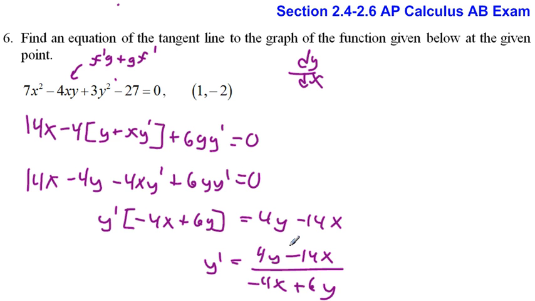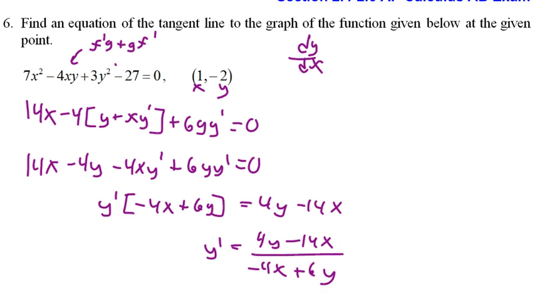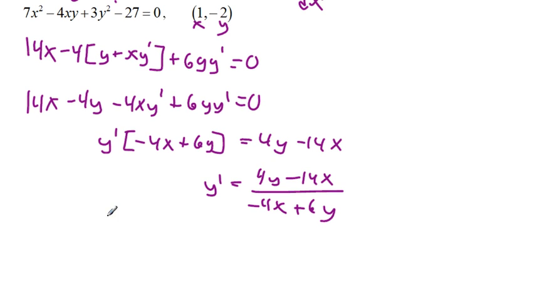So basically what we want to do now is plug in our value of x and y into here, because that will tell us the slope at that given point. I'm going to scroll down here. I'm going to find y prime at the point (1, negative 2).